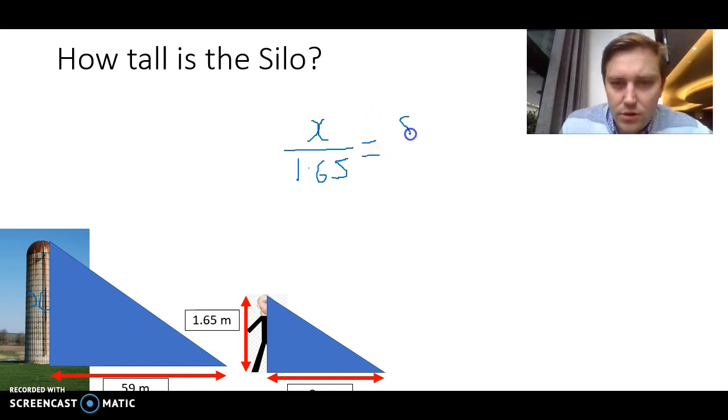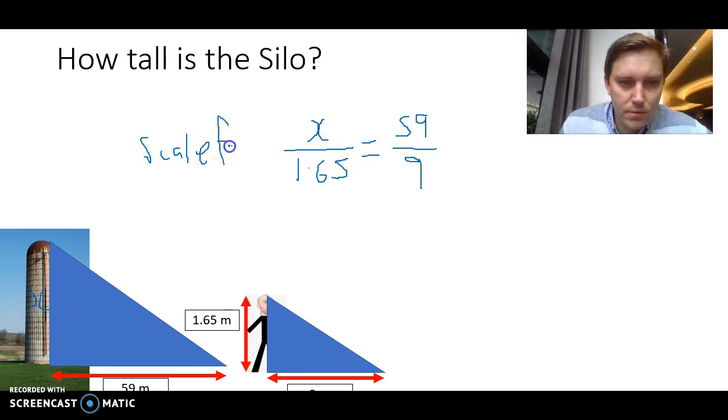So I'm going back to the large triangle, and that has been enlarged from this one down here. And now I've got my scale factor. This is so much harder than it really looks. Scale factor ratio equation all written, ready to go.